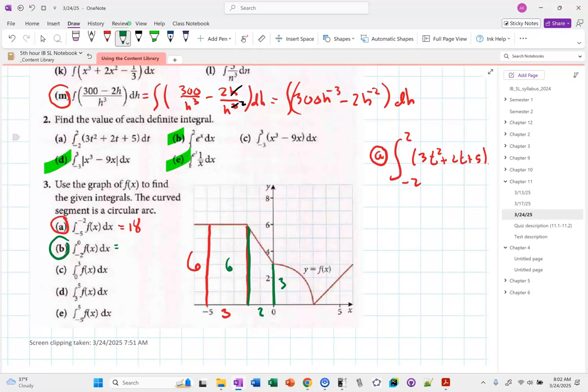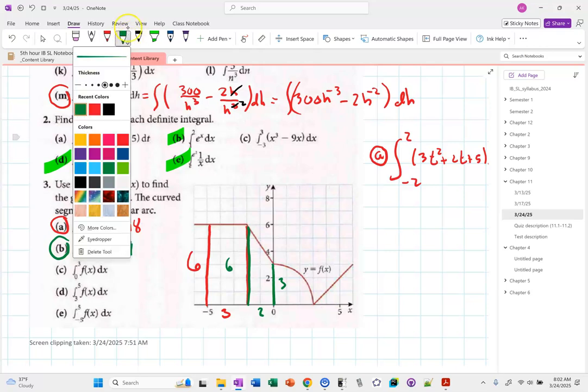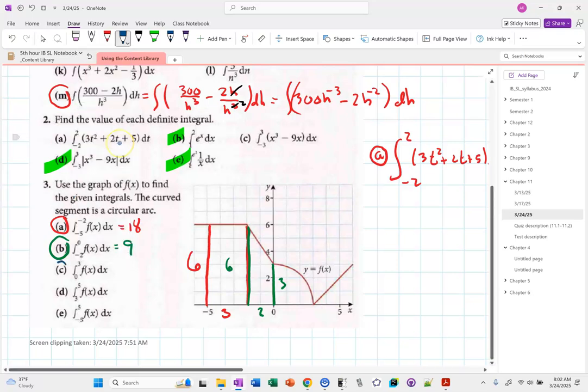So 6 plus 3 is 9, times 1/2 is 9 over 2, and then times height, which is 2, that just gives me 9. The sum of the two bases divided by 2 times the height, which is 2. So far so good. 0 to 3 is here. So that looks like what shape?